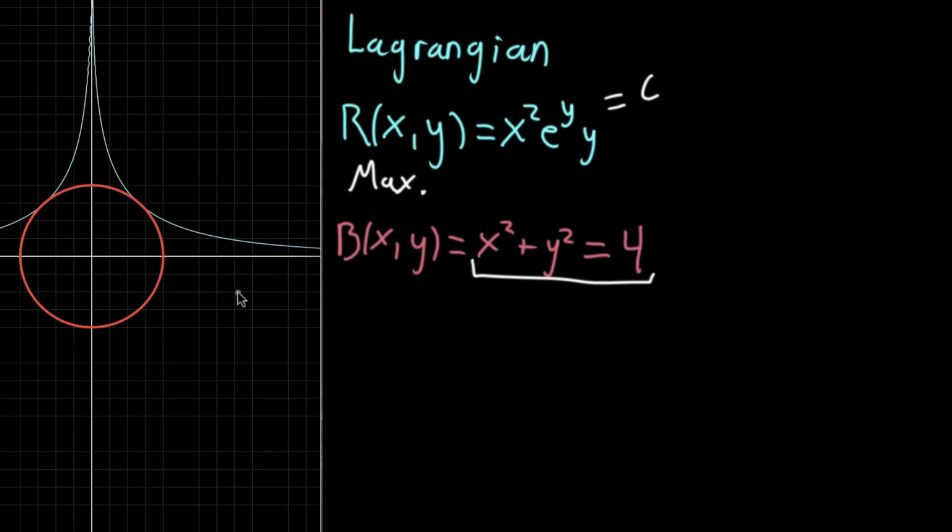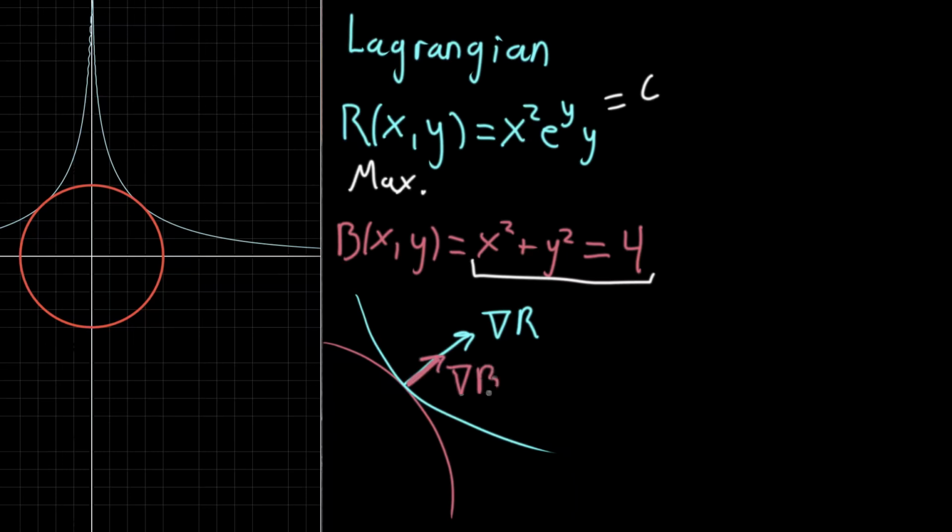So the way that we took advantage of this tangency property, and I think this is pretty clever, let me redraw it over here. You're looking at the point where the two functions are just tangent to each other, and the gradient vector for the thing we're maximizing, which in this case is R, is going to be parallel or proportional to the gradient vector of the constraint, which in this case is B. It's going to be proportional to the gradient of the constraint.